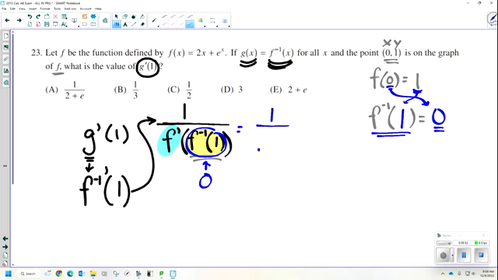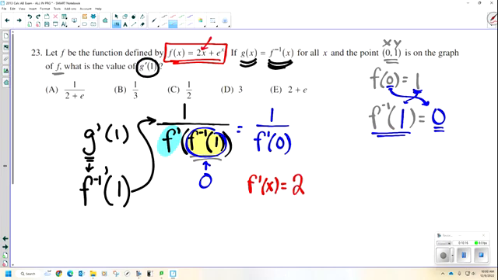So I have 1 over the derivative of f at 0. Now it's easy. Now it's stuff that we do all the time. I just got to find the derivative of f at 0. If this is f, let's find the derivative. So the derivative of f is the derivative of 2x, well, that's just 2, plus the derivative of e to the x, which is e to the x.